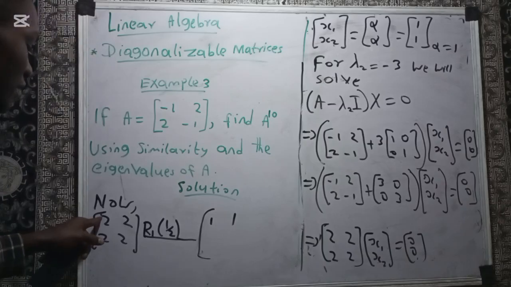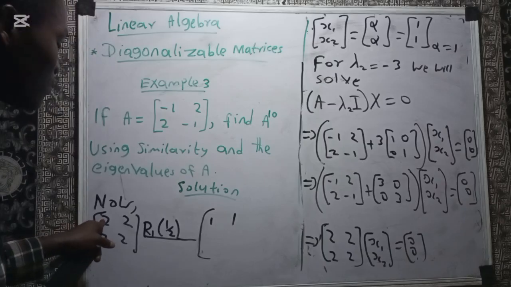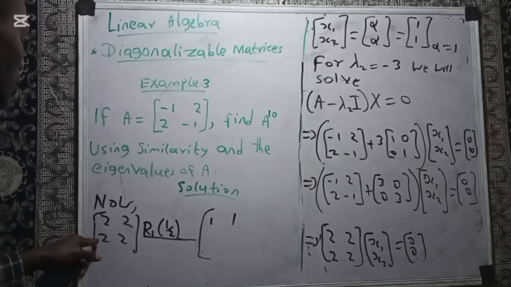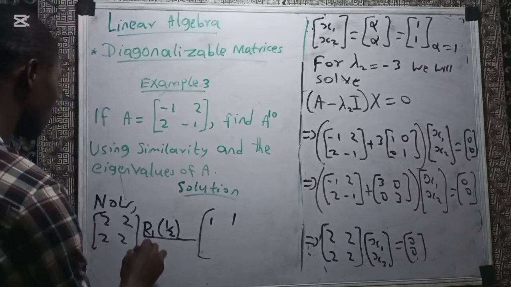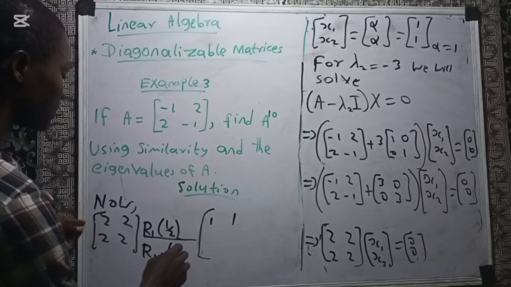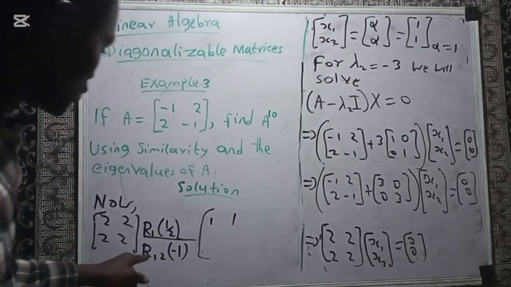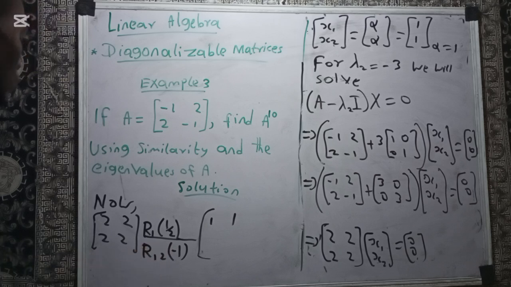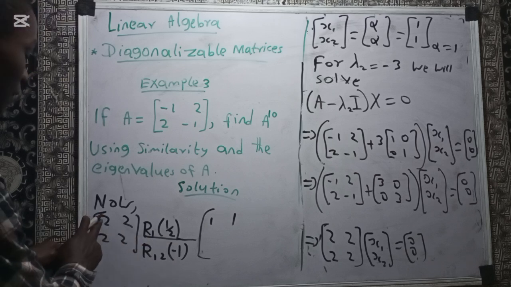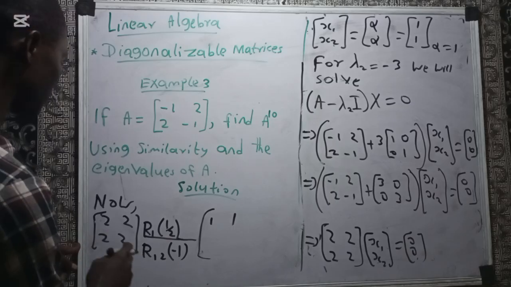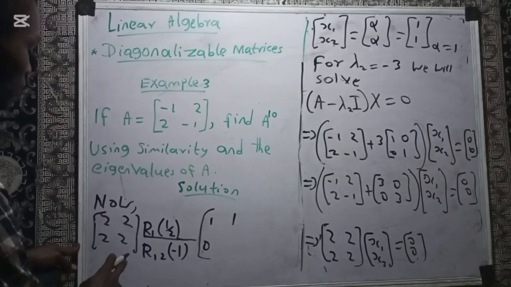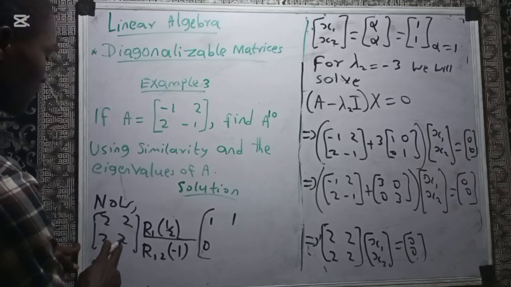We multiply row 1 by negative 1 and add the result to row 2. So negative 1 multiplied by positive 2 is negative 2, plus positive 2 gives 0. Negative 1 multiplied by positive 2 is negative 2, plus positive 2 gives 0.